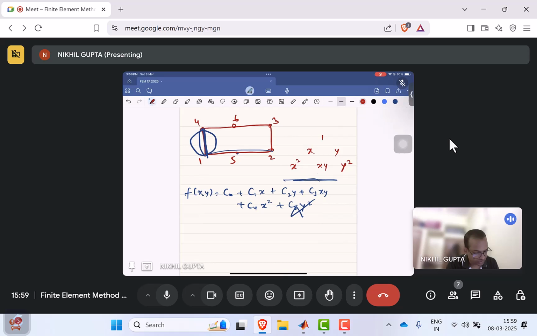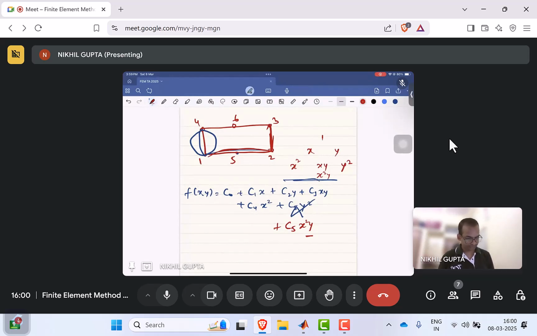For that case, you have to go to x square y, so this will be c5 x square y. Now you see x is covering parabolic, y is covering linear. So with completeness, you have to see how many nodes are there and where it is mentioned. If it had been here or here, then it could have been a different case. But you can't give a parabolic curve in the y direction in this. So your approximation will fail here. So you have to take care of this as well.